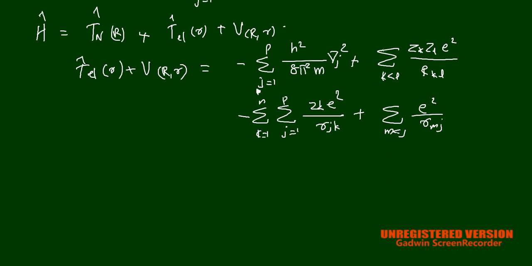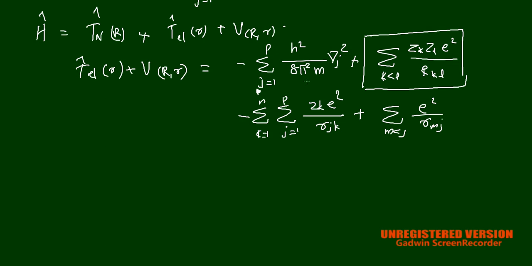So we are keeping this out, such k is Z_k Z_l e square divided by R_kl, the term out. Then you consider all other terms, that is the kinetic energy part of the electron, plus electron nucleus interaction, plus electron electron interaction. This is all about the electron, right?